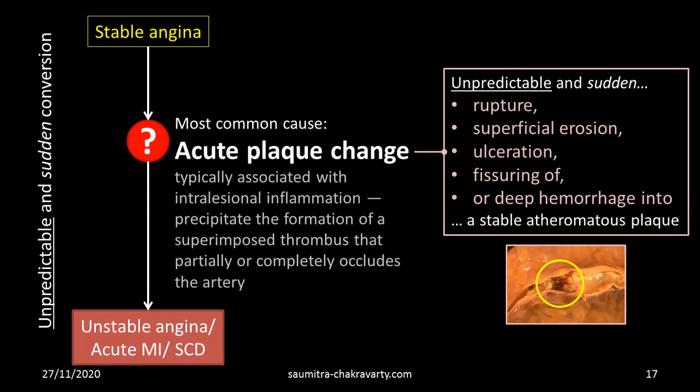So stable angina remains stable because the atherosclerotic plaque remains stable. But please keep in mind that angina can also come from a thrombus without any atherosclerotic plaque.